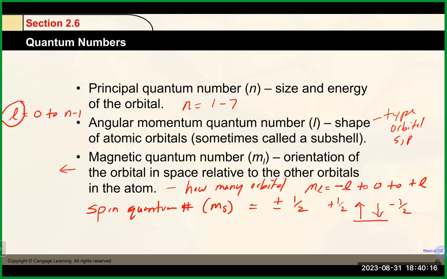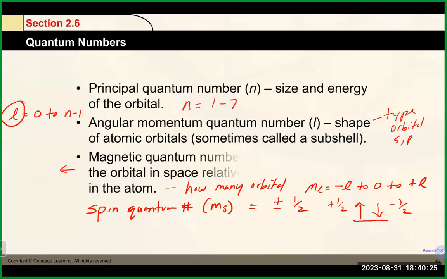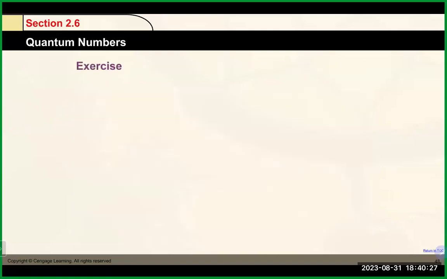So how does this relate to orbitals, electron configuration, and all that type of stuff? Let's just take our very first option, which is n equals 1. That is our ground state.